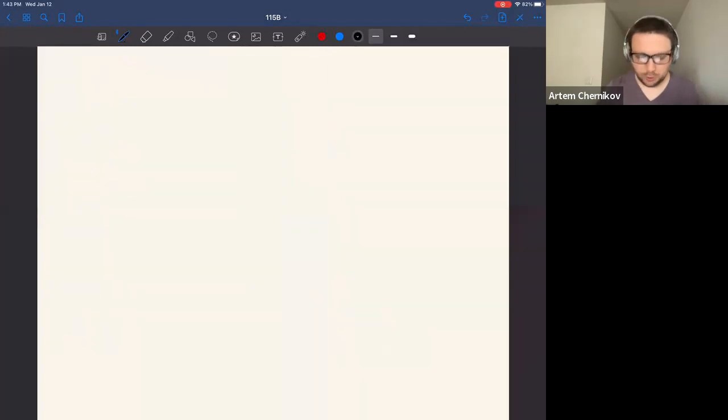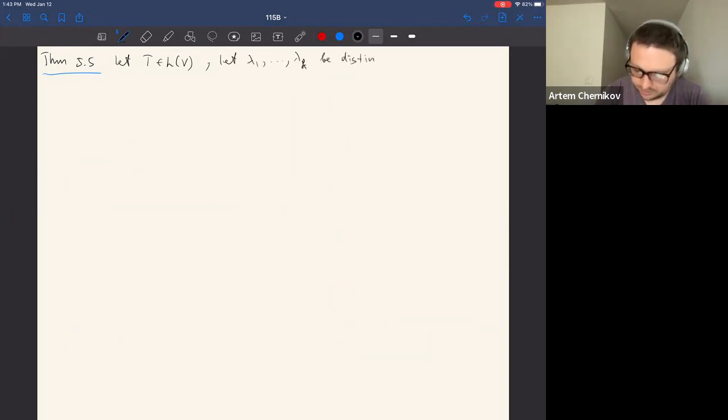Okay, so let's move on. We have a theorem, and this is Theorem 5.5 in the textbook. Let T be a linear operator on V, and let lambda_1 through lambda_k be distinct eigenvalues of T. Let me stress here that distinct is important.